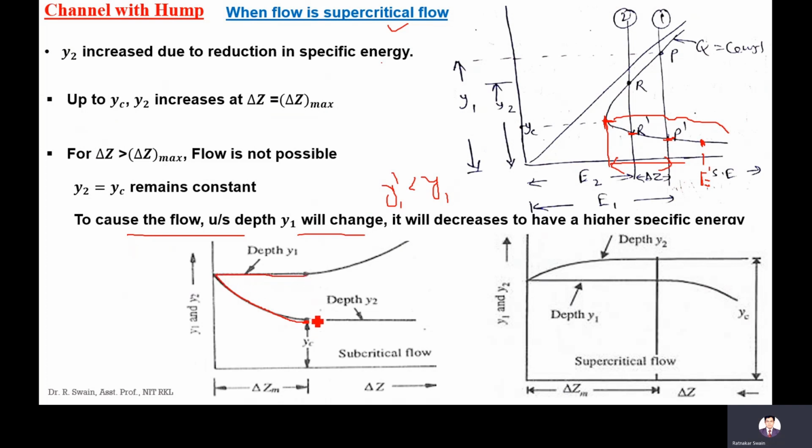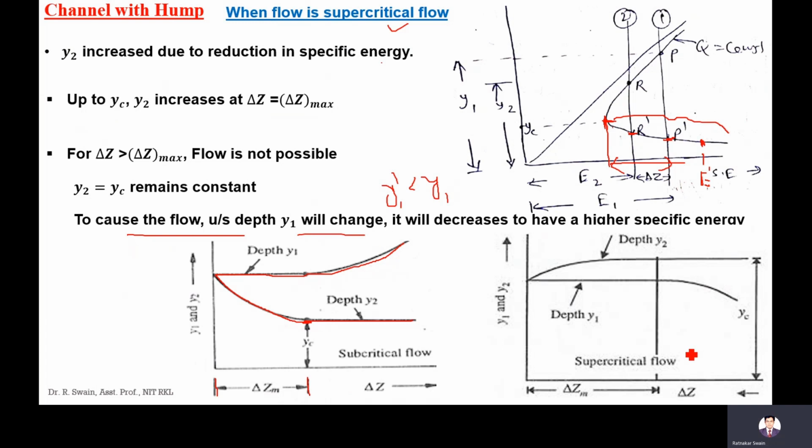Y1 you are not changing. After this, if this is your delta Z maximum, and you increase delta Z beyond this delta Z maximum, what will happen? This Y2 will remain same as Yc, but to cause the flow, this Y1 you have to change. Only then flow is possible.